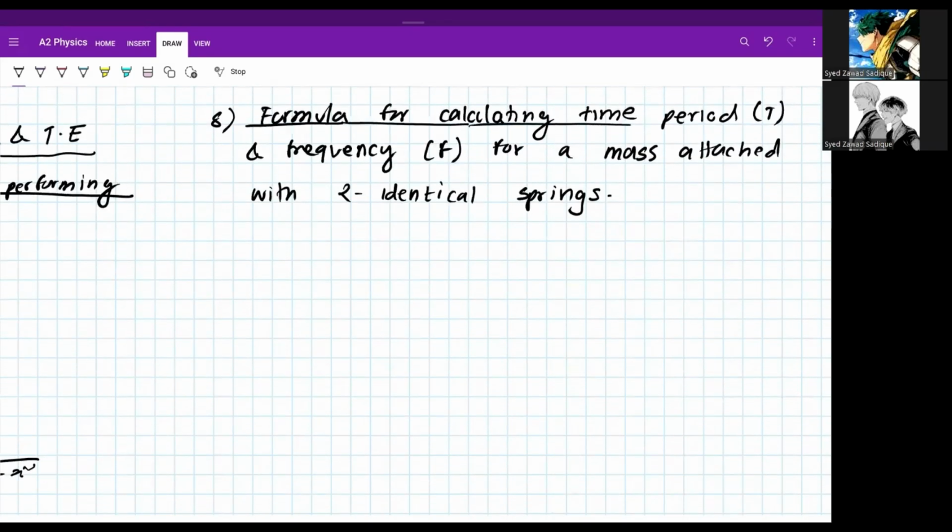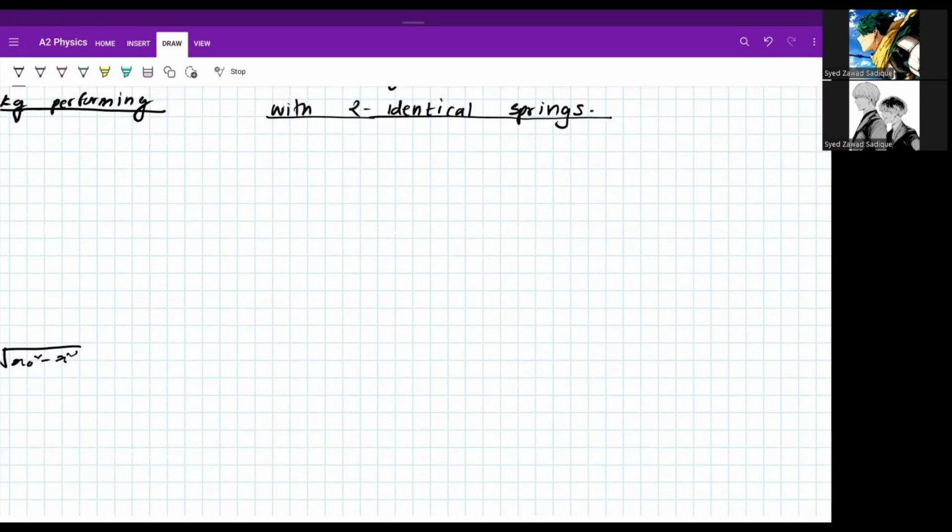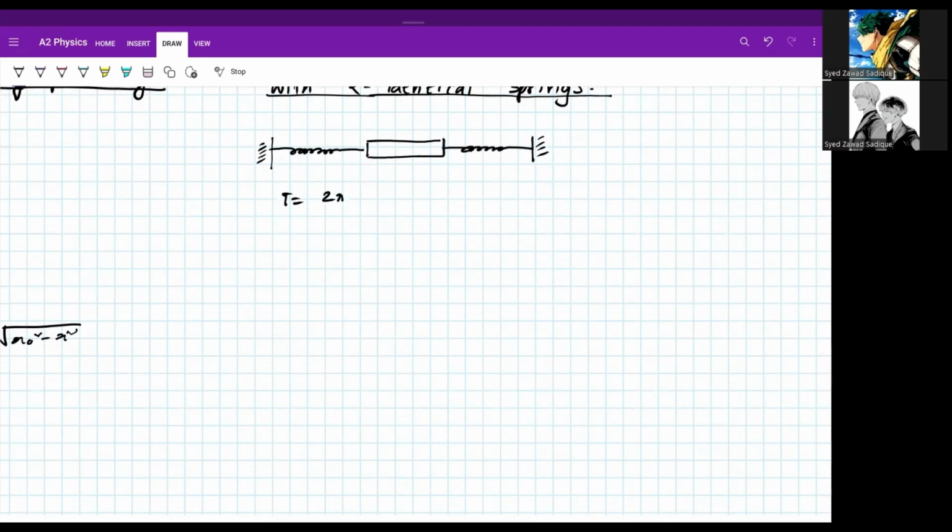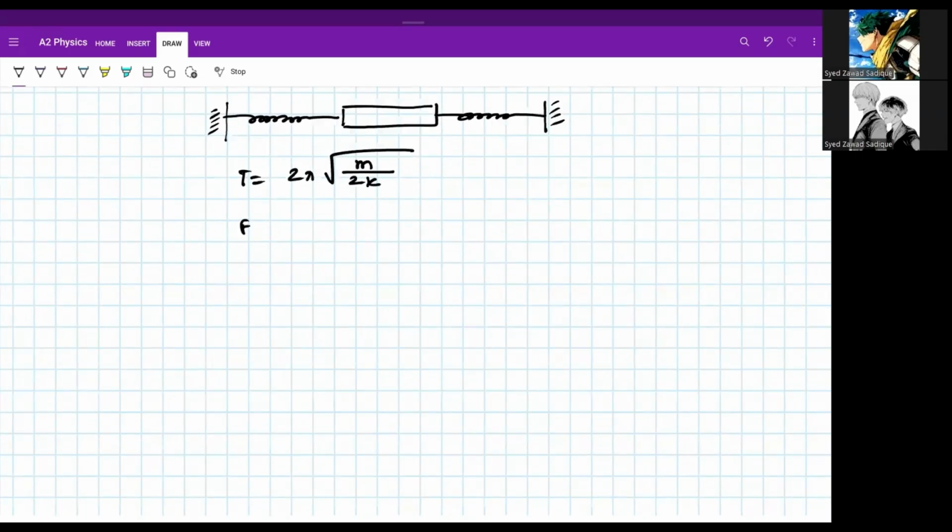This is a very new case. I think we did not study this in AS. Let me draw the diagram first. We have two springs, this is the mass, the other spring. T equals 2 pi root of m by 2k, and f equals 1 by 2 pi root of 2k by m, inverse.